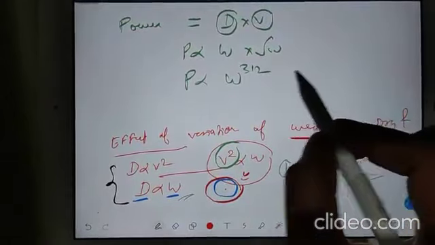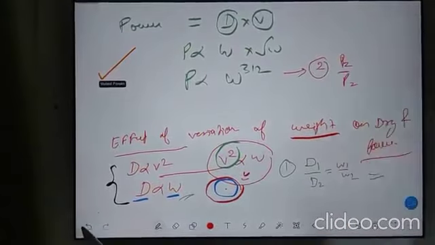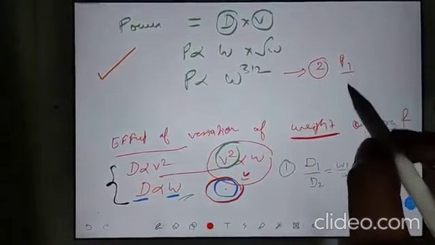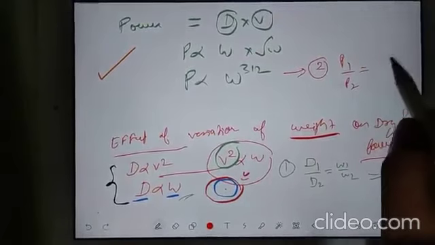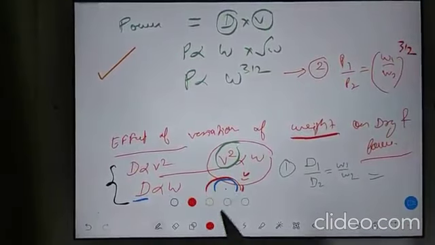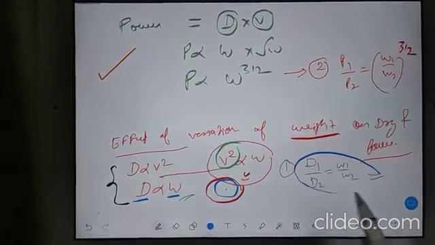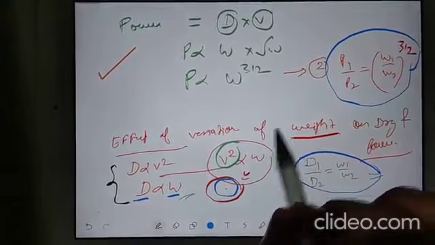Now what equation are we getting? Second equation: P1 by P2 is equal to W1 by W2 whole power 3 by 2. Now based on this, twisted questions will come; direct questions will not come.